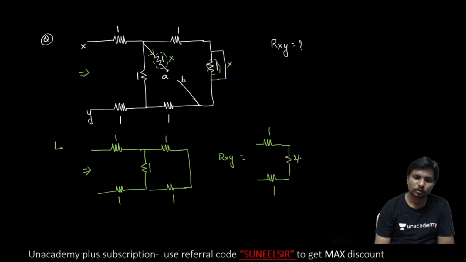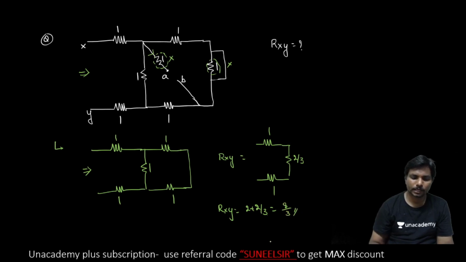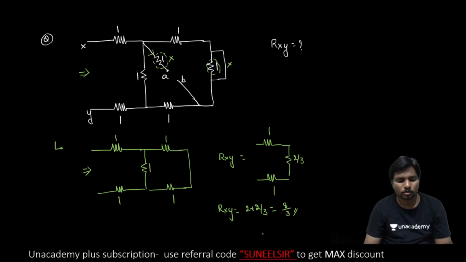So RXY is equal to 1 plus 1, 2, plus 2 by 3. That is 3 into 2, 6, 6 plus 2, 8 by 3. 8 by 3 is the answer.